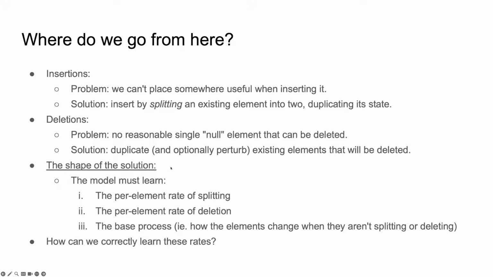So the shape of the solution is a model that will learn a per-element rate of splitting, a per-element rate of deletion, and the base process, which is how the elements change when they're not busy splitting or deleting. Branching flows is one construction that lets you learn these three terms.